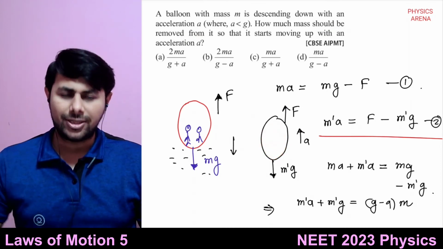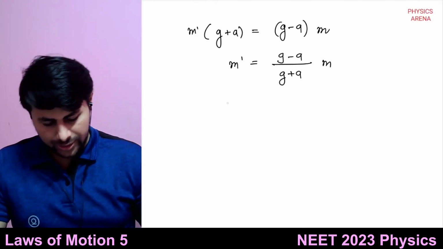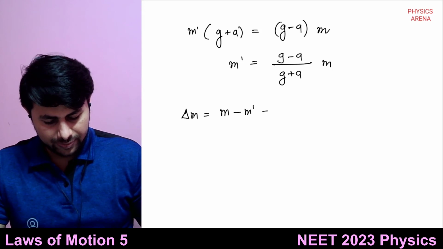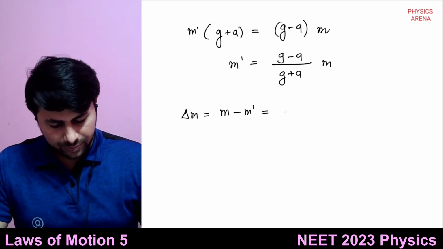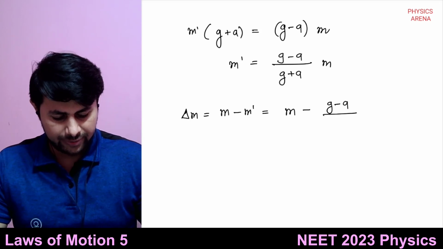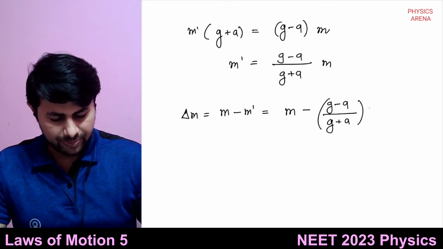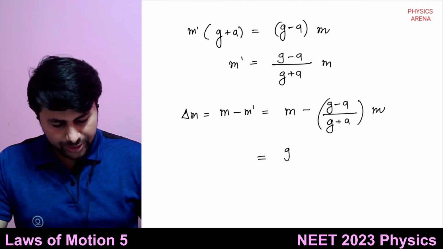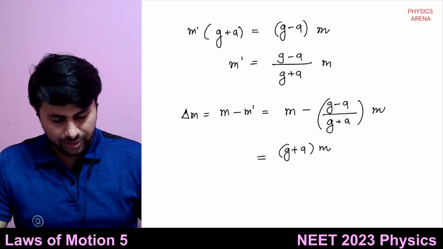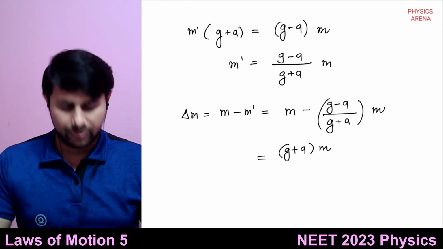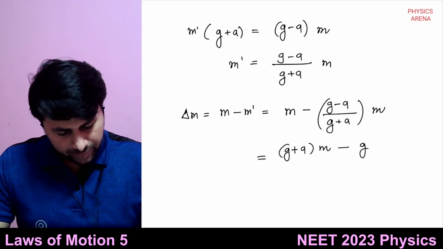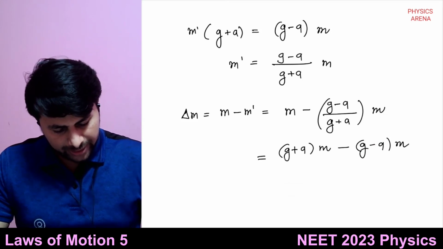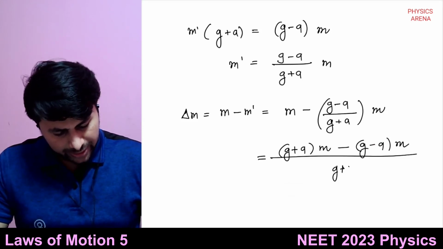So how much mass is removed? The mass removed, the change in mass, is m minus m dash. So that is m minus g minus a divided by g plus a multiplied by m. You can make the denominators equal, so this will be g plus a multiplied by m, multiplying and dividing by g plus a, minus g minus a multiplied by m divided by g plus a.